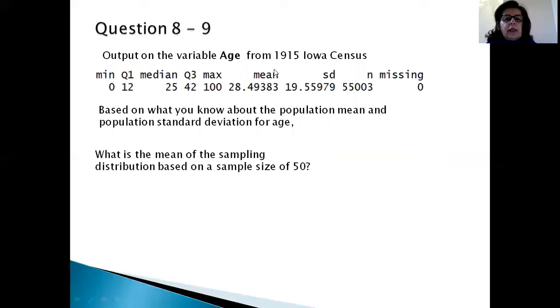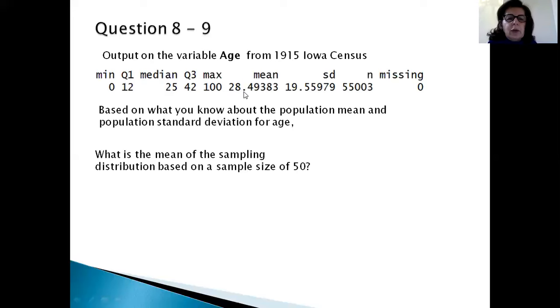Output on the variable age from 1915 Iowa census. Based on what you know about the population mean and population standard deviation for age, what is the mean of the sampling distribution based on a sample size of 50? Well, what is the population mean?